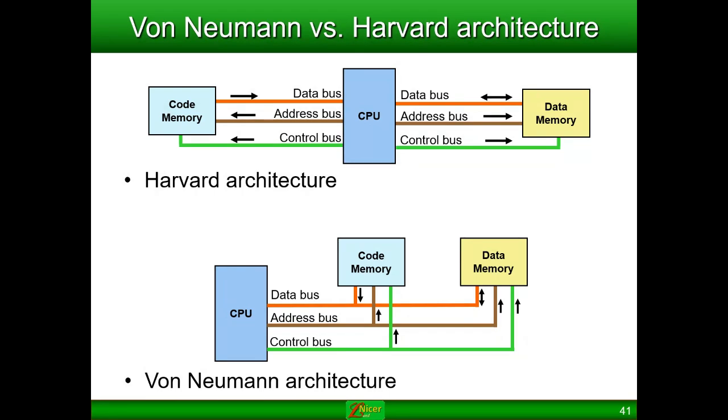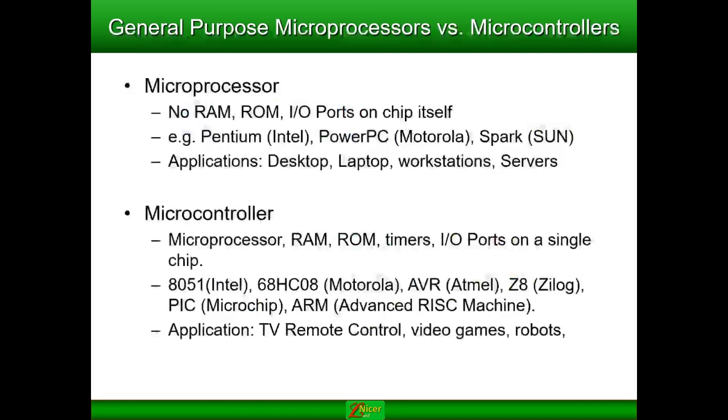In von Neumann architecture we have both the code memory and data memory connected to the same data bus, address bus, and control bus. So only one of the data can move through these buses at one time. So of course we don't have parallel processing here, so that is why this model is kind of slow, but it is used as well in a lot of applications where we don't have to use parallel processing.